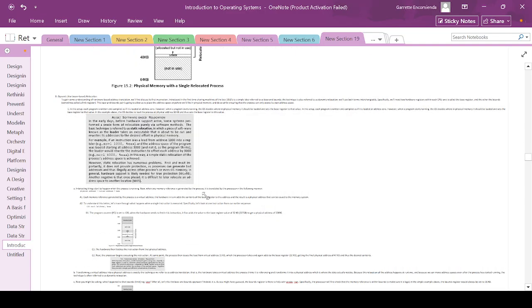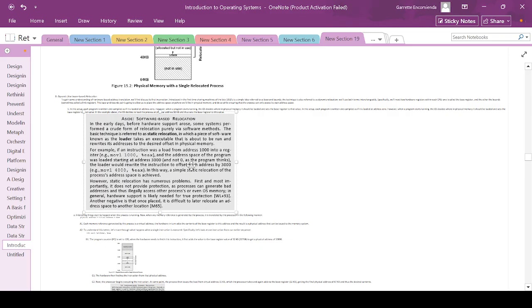Aside from hardware-based relocation, in the early days, before hardware support arose, some systems performed a crude form of relocation purely via software methods, or by functions we create in our code.